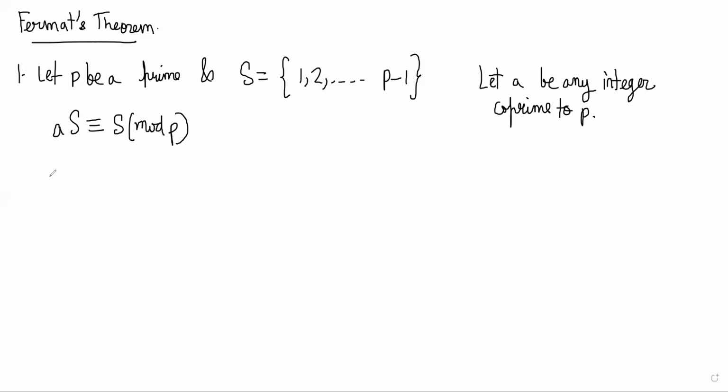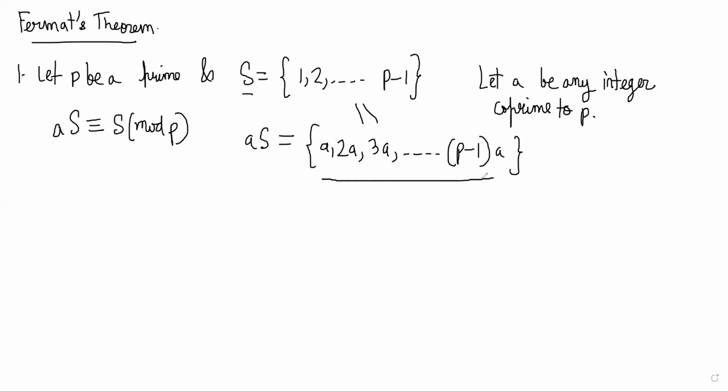AS is the set obtained by multiplying each element here, so AS is the set A, 2A, 3A till (P minus 1)A, right? Now if these sets are identical, then the product of these mod P will be equal to the product of these mod P, because they are identical.